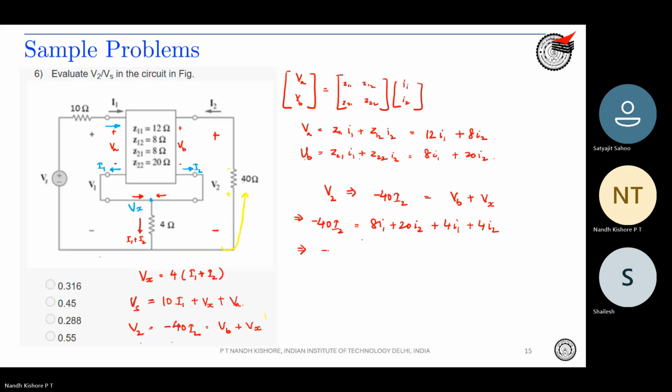So minus 40 I2 is equal to 8 plus 4, 12 I1, plus 24 I2. So minus 64 I2 is equal to 12 I1.